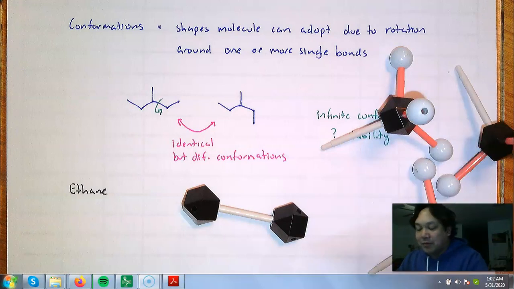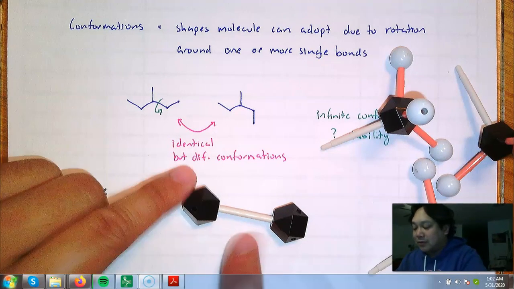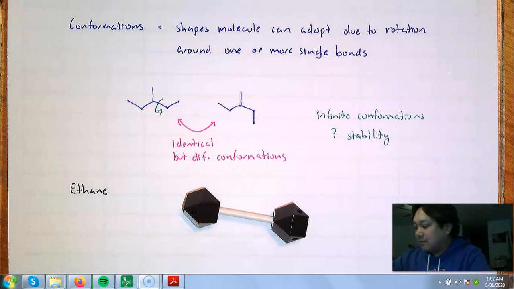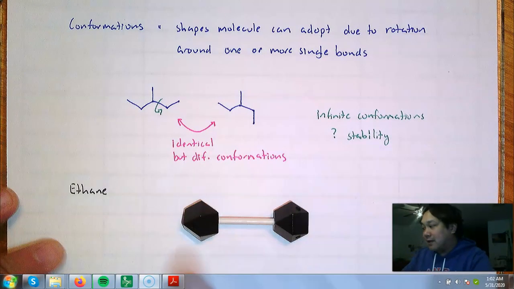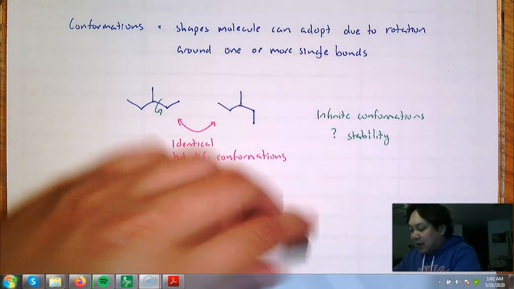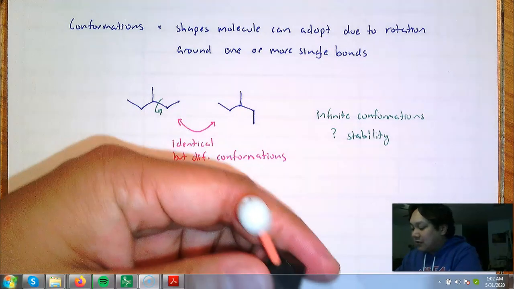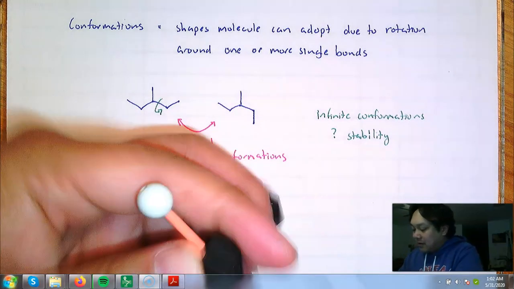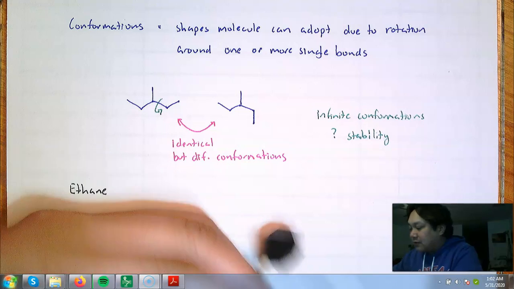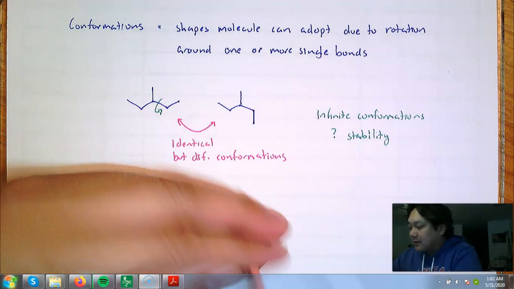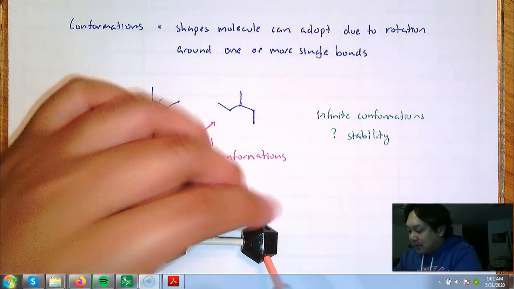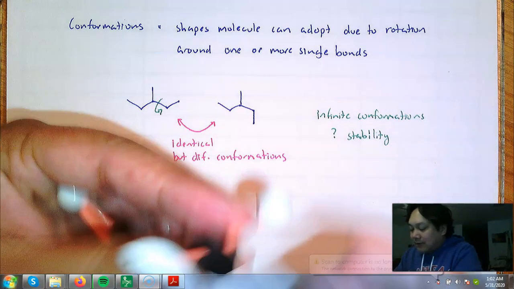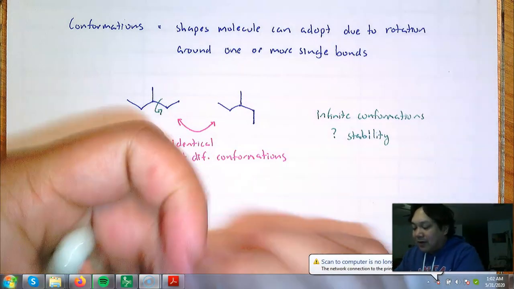Because we're going to start putting methyl groups slowly around this 2-carbon bond. But let's start with ethane. So ethane has 6 hydrogens. I think it would be useful to go ahead and make your models so you can visualize the different conformations of ethane.